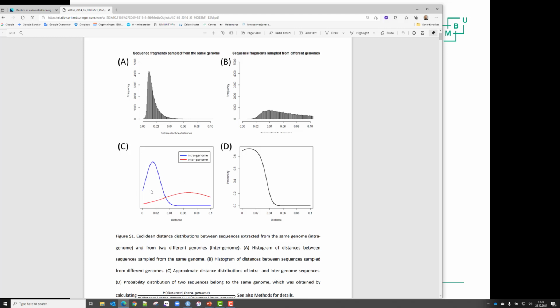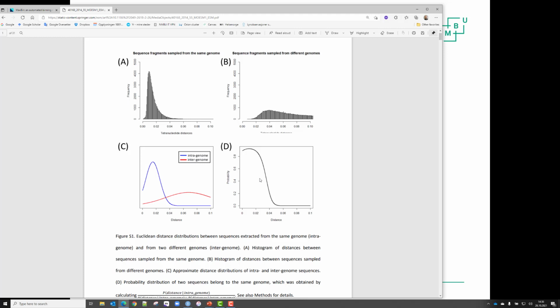They have sort of fitted a normal distribution to both of them and then displayed that one instead, right? So you have one blue distribution here and a red one here. And the blue is for intragenome, right? Within genome. And the red is between genome, intergenome.